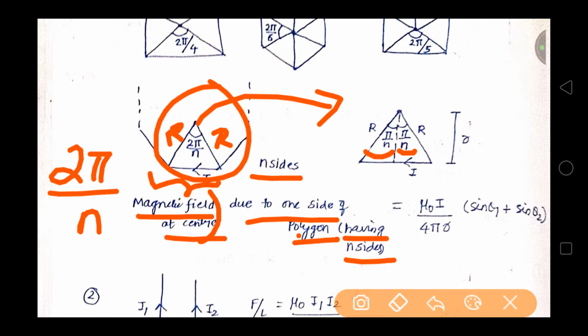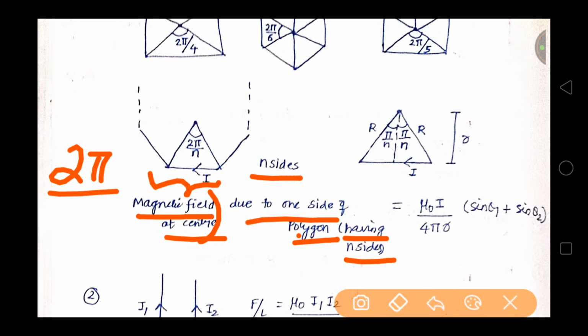Suppose a circle is drawn keeping the center at this point, and this is the radius r, this is also radius r. Remember, the distance from this point is given as small r.